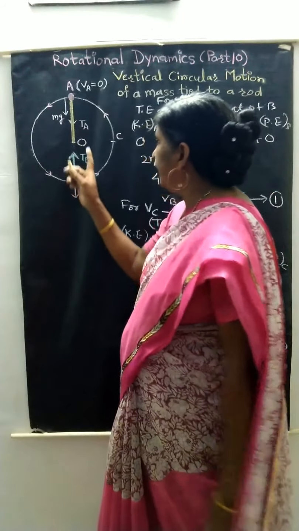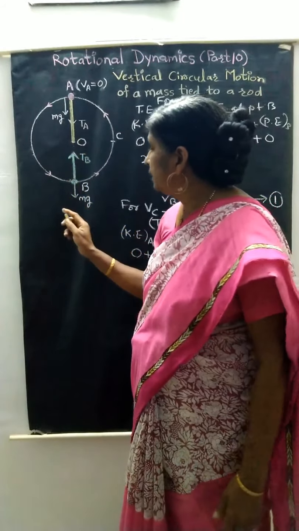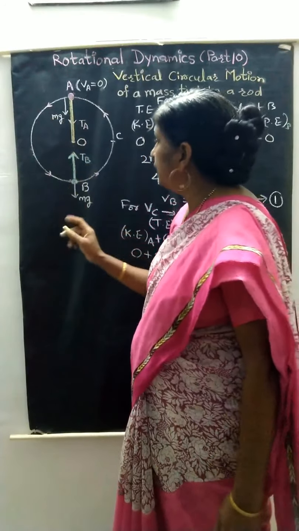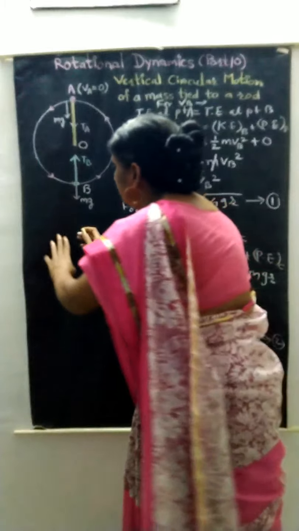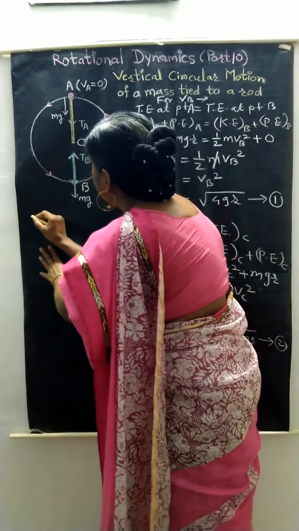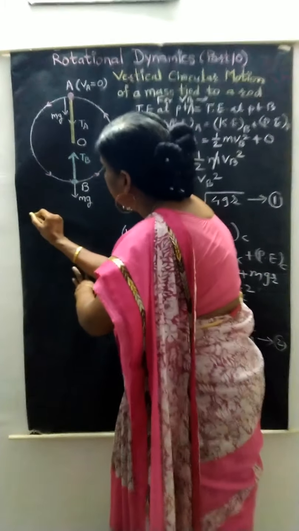So at point A, we get the equation Ta plus mg is equal to m Va square by r.